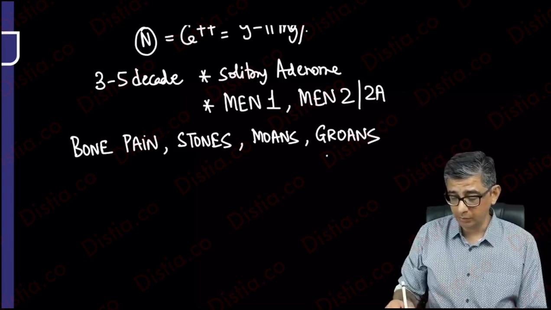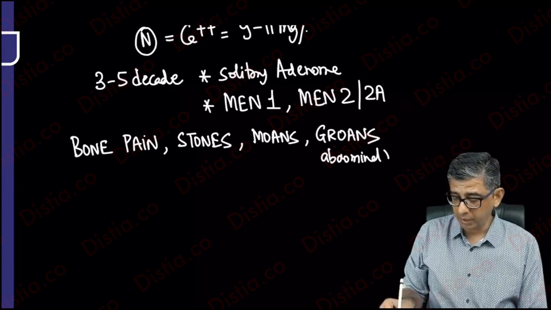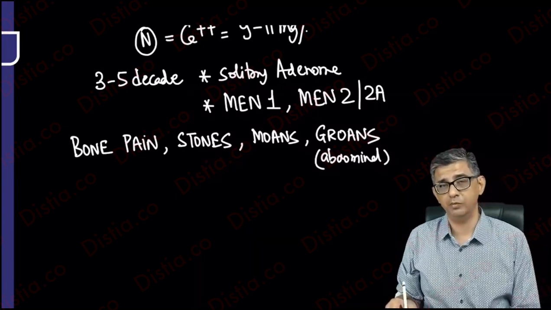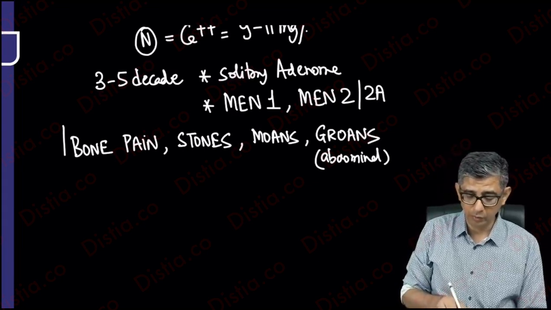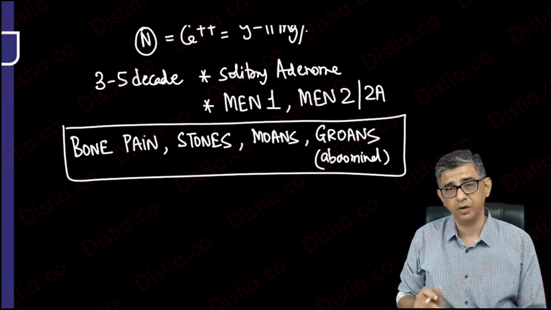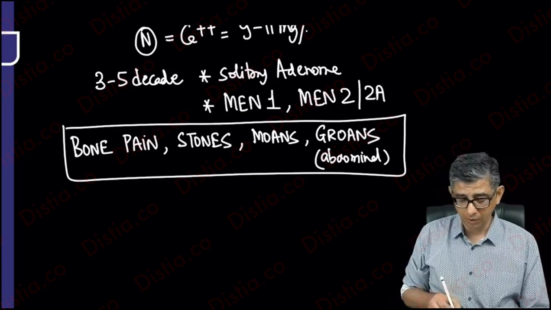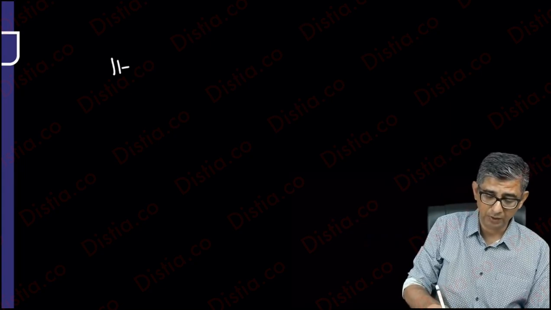So the groans are mainly because of the issues coming from the abdomen, and the moans are mainly from the psychiatric component. So if you get these words right, bones, stones, moans and groans, then primary hyperparathyroidism would make sense, though I'll try to describe it in more detail as compared to what I've said at the moment.